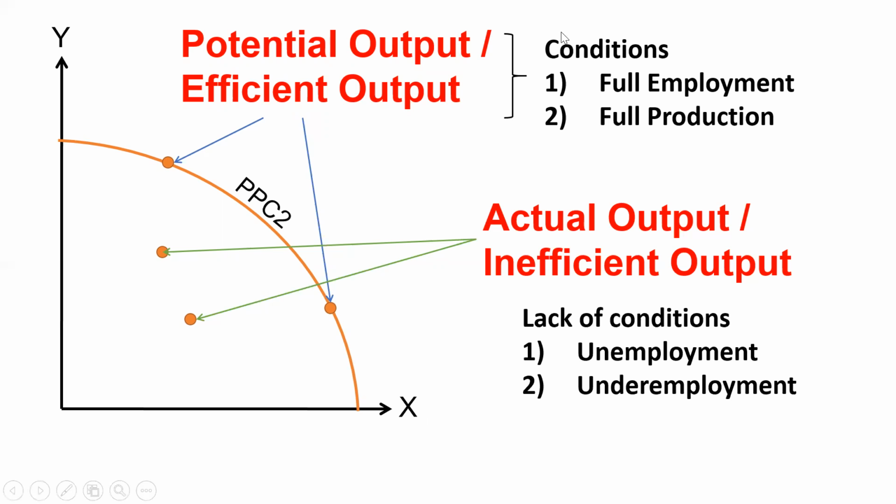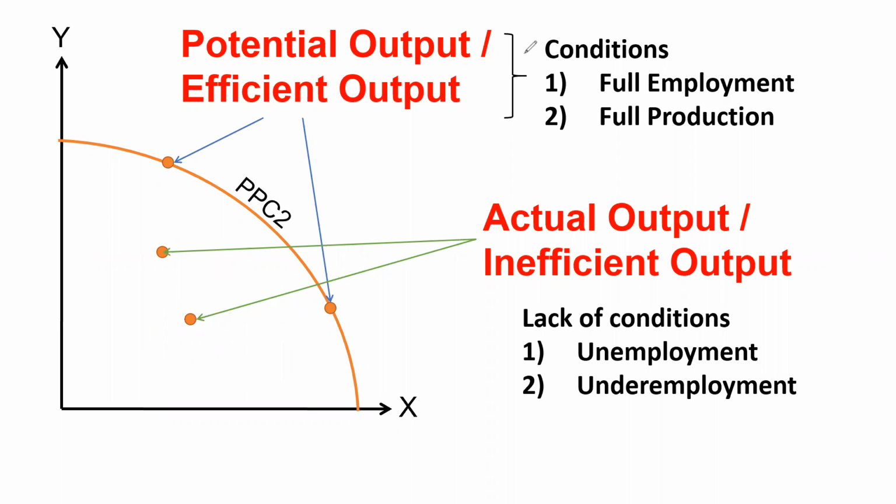That means if the economy is running at a point inside the PPC, like here, you can increase one production or you can increase both production without reducing one production. You can increase production of the one good without reducing production of the other good.